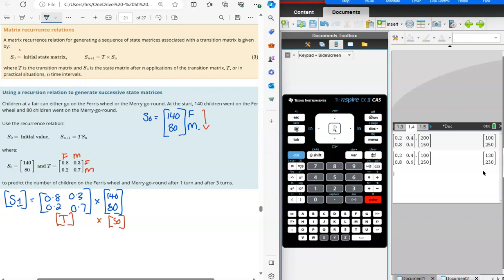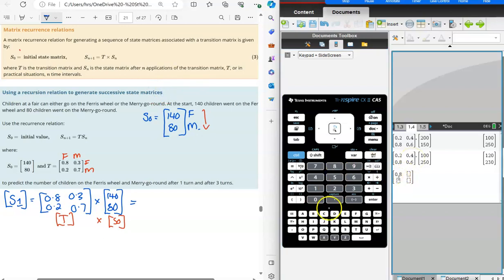So we're going to set that up on our calculator. In here again, I'm going to pop in my transition matrix: 0.8, 0.2, 0.3 and 0.7.